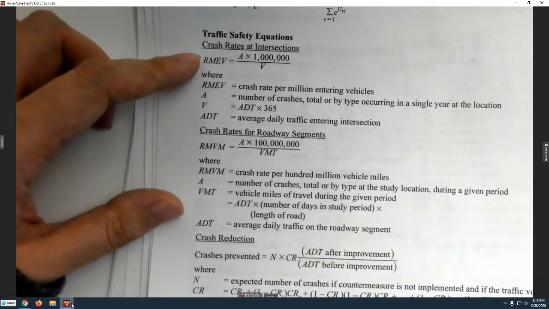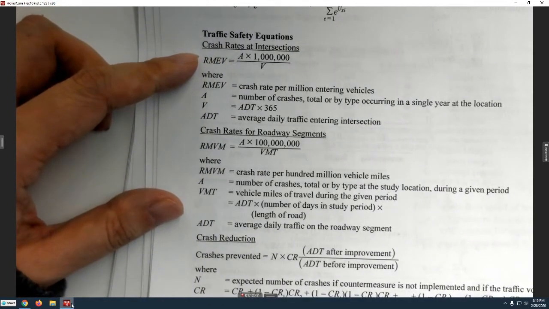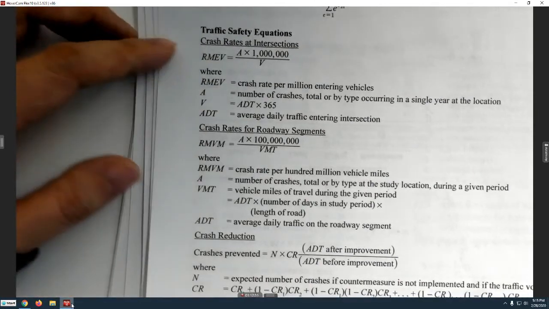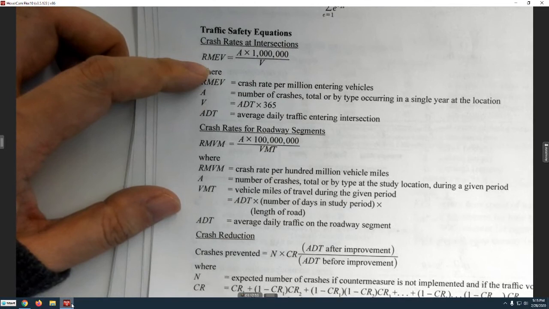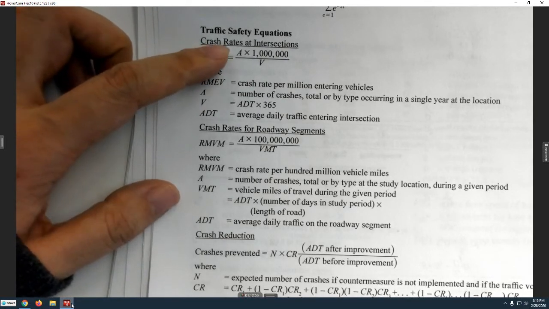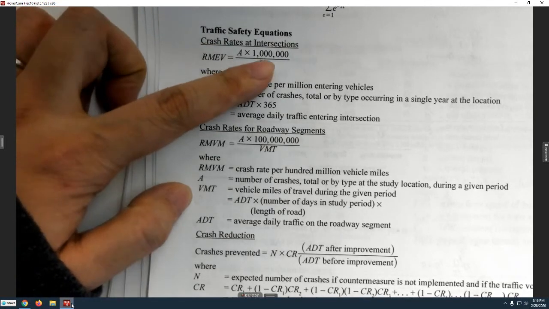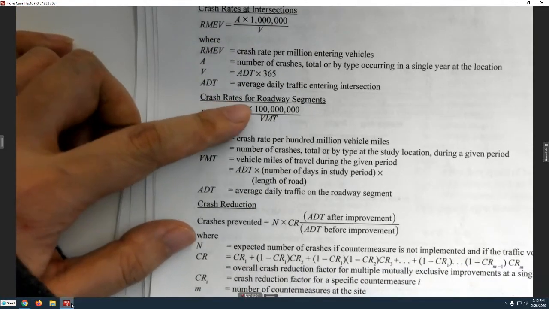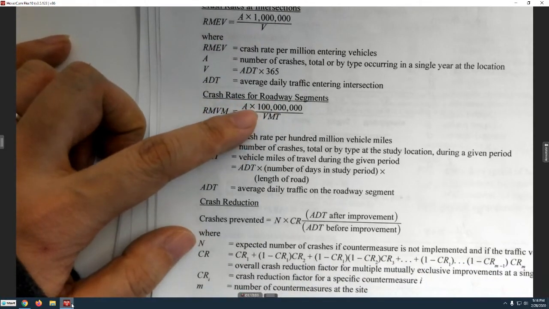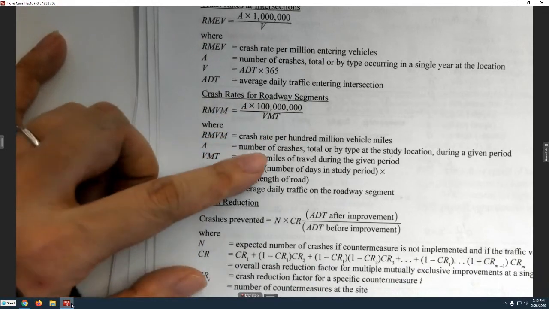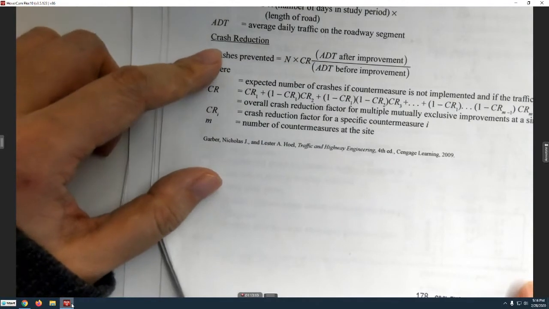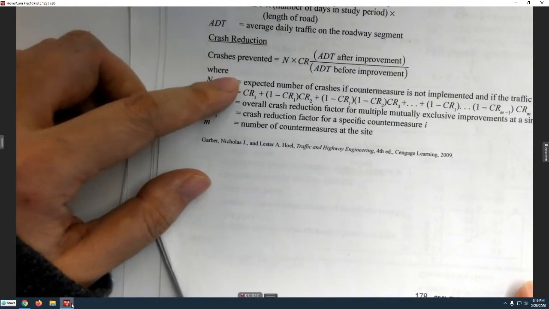For this one, you don't need to really memorize anything. It's just like an application or word problem. Calculate crash rates at an intersection: number of crashes divided by volume, or crash rates per roadway segment: number of crashes divided by vehicle miles traveled. Okay. Most frequently tested is this one, crash reduction.